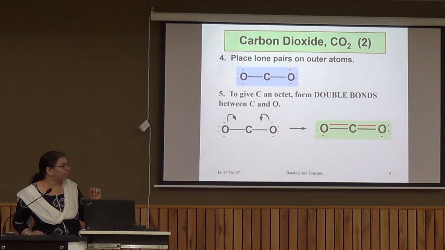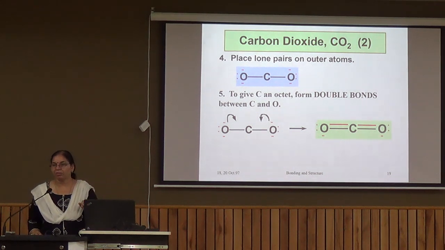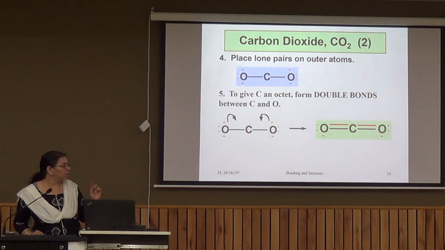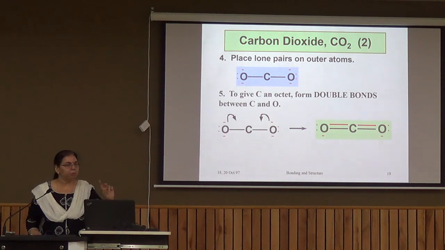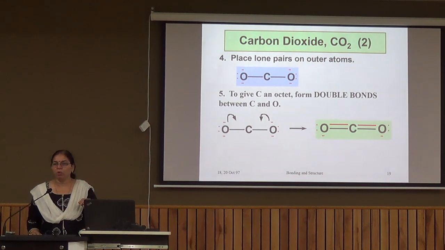See, double bond is present between carbon and oxygen, so that each atom will have the complete octet. Because when we were making only single bonds, the octet of oxygen was complete, but the octet of carbon was not complete. But when lone pair of each oxygen atom is converted into bond pair, then all three atoms have the complete octet.